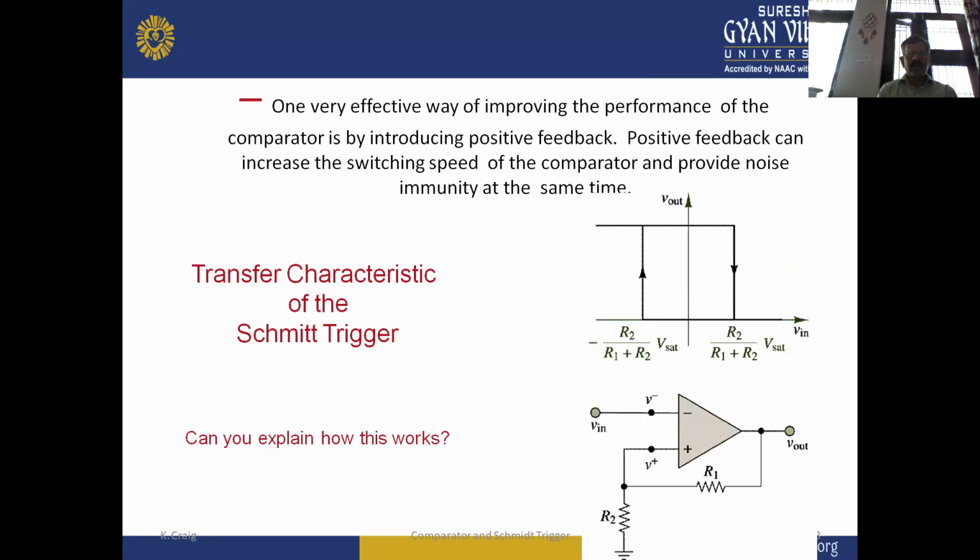One very effective way of improving the performance of the comparator is by introducing positive feedback. Positive feedback can increase the switching speed of the comparator and provide noise immunity at the same time. So here is the transfer characteristic of the Schmitt trigger, and the output is in the shape of a square.